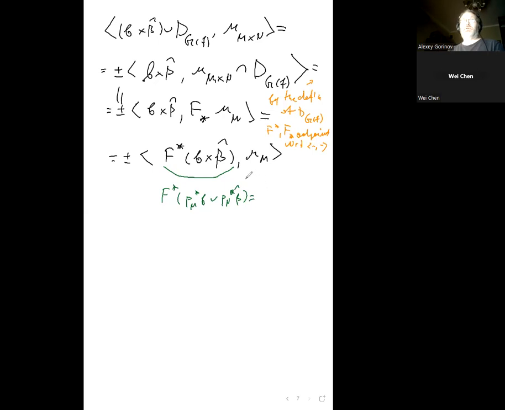If we compose F with Pm, we get the identity, and if we compose F with Pn, we get small f. So the result will be simply b cup F upper star of beta roof.